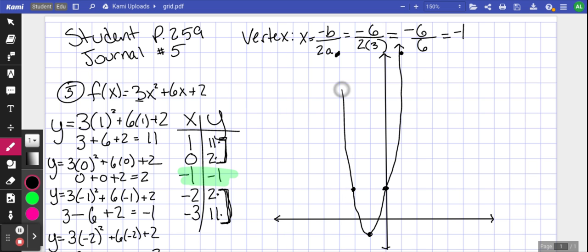And connect your points. It's not the world's prettiest parabola, but it gets the job done. There we have it. I know each one of these is a ton of work. Again, normally we aren't going to have to plug in all 5 points. You're just going to have to plug in the two before your vertex and your vertex, right?